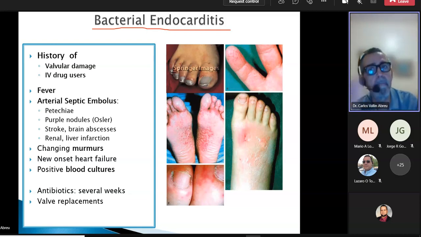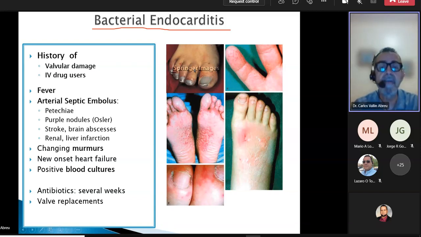Each time an embolus is sent and lodged in any organ, it is going to produce seeding of bacteria. So now you can have abscesses in the brain, abscesses in the meninges, in the kidneys, in the liver, etc., because with the clot you are sending bacteria to those organs. But it's easy to see the embolization in the skin.